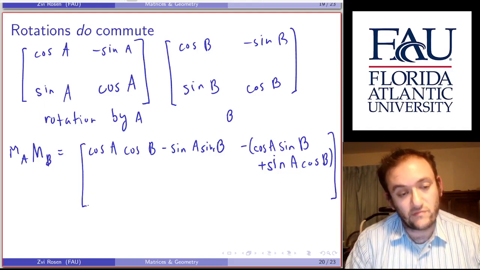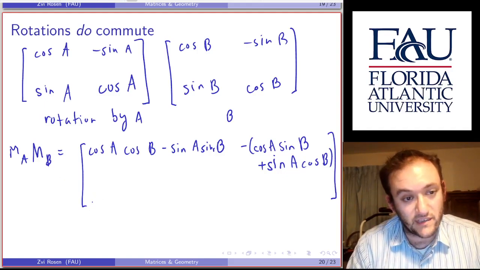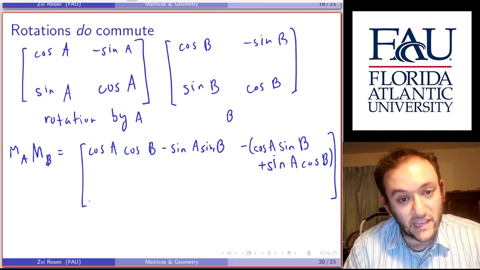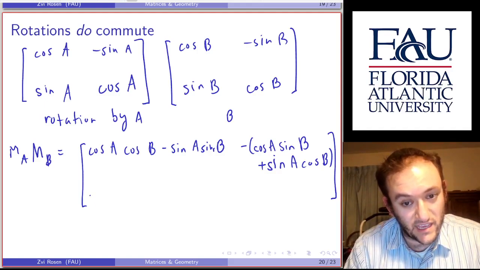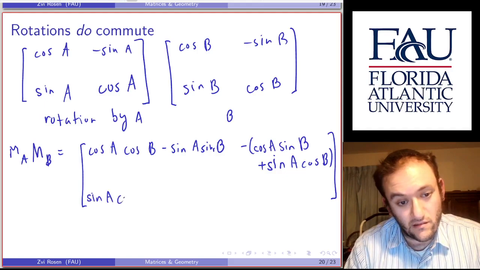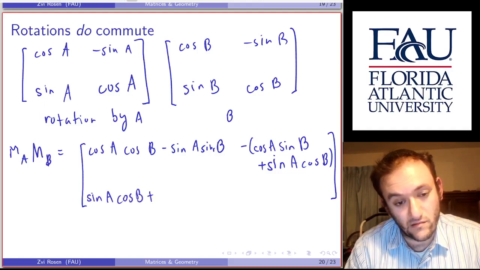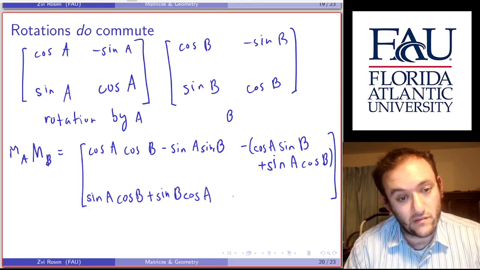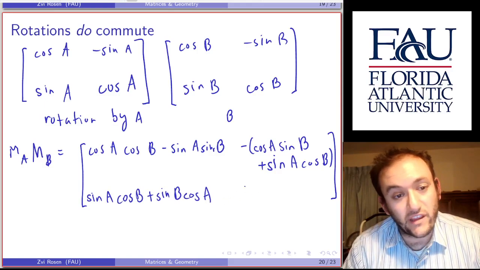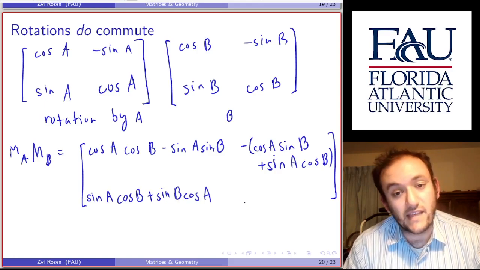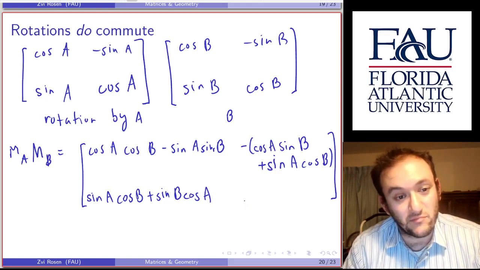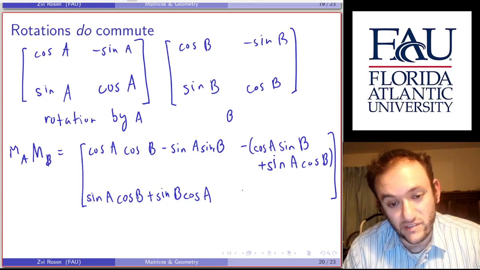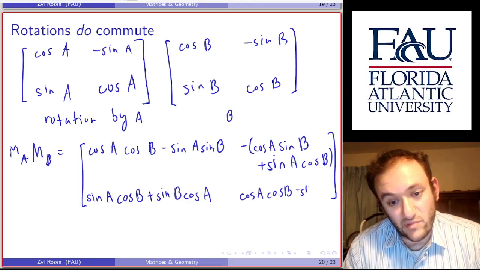Then the second row first column, we take second row dot first column, we get sine A cosine B plus sine B cosine A. And in the bottom right, we get sine A times minus sine B plus cosine A times cosine B. So this is cos A cos B minus sine A sine B again.